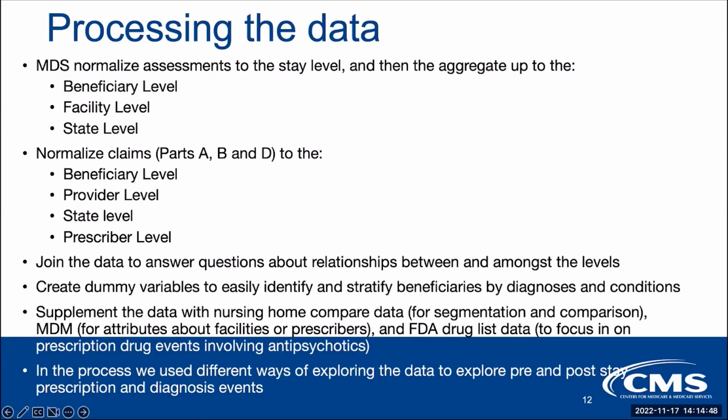We created dummy variables to easily identify and stratify beneficiaries by diagnosis and conditions, as well as demographics. We supplemented the data with nursing home compare and FDA drug list data.